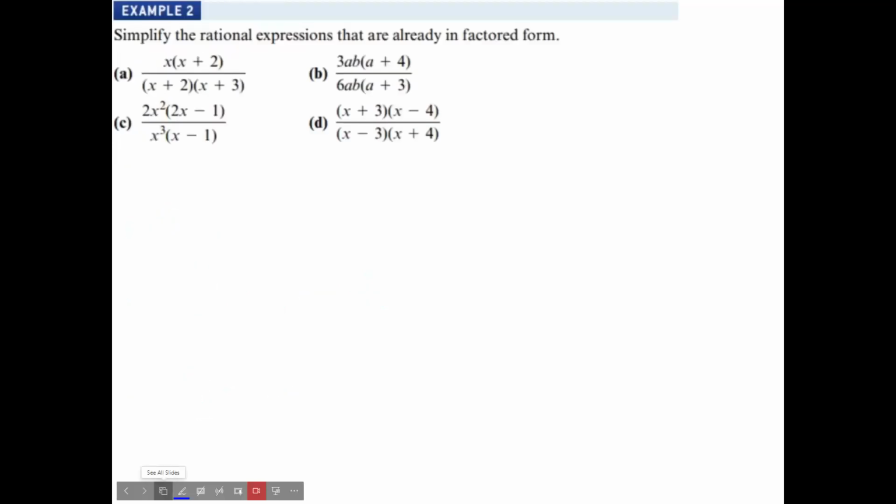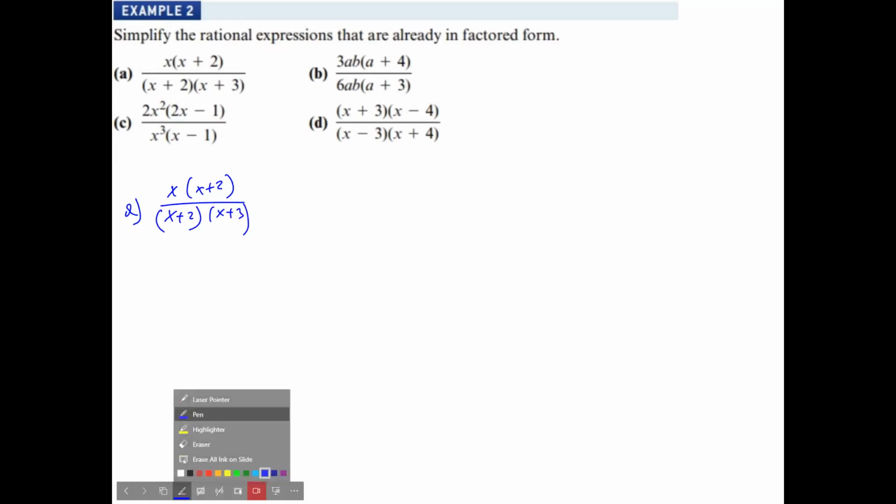Simplify the rational expressions that are already in factored form. So let's start with a. x plus 2 over x plus 2, x plus 3. So what happens here? I see x plus 2 and x plus 2.